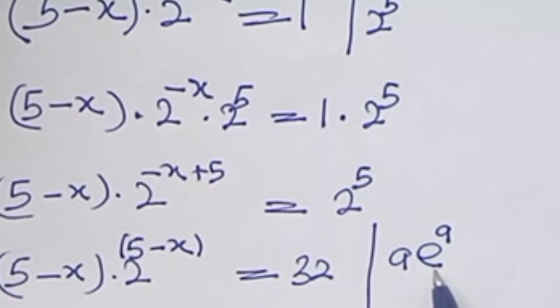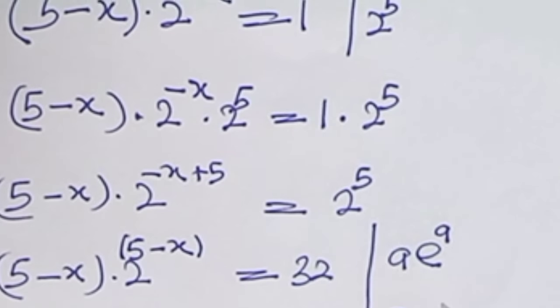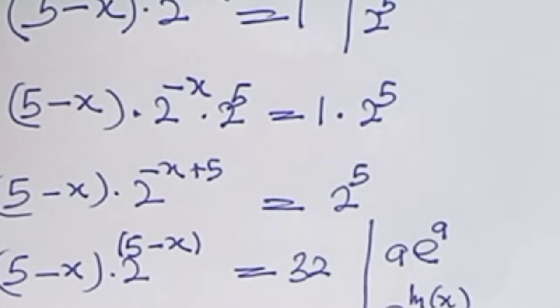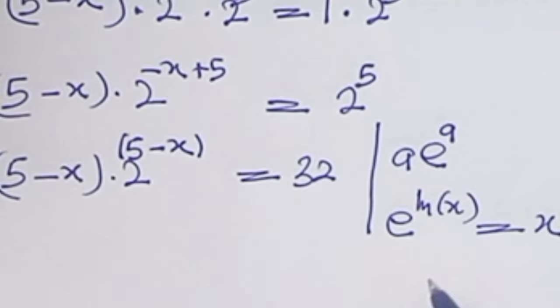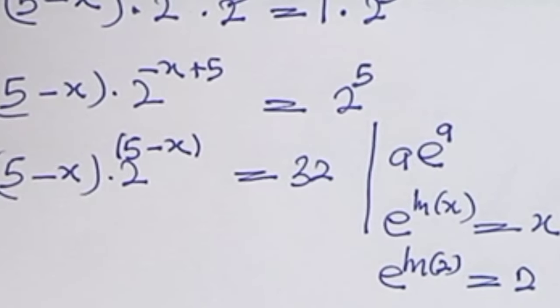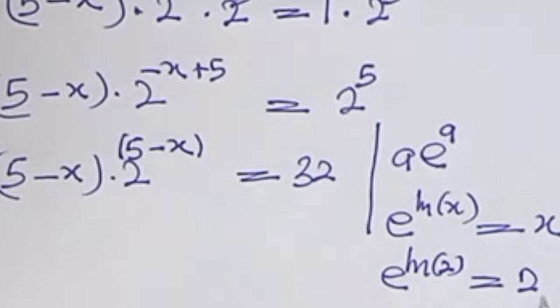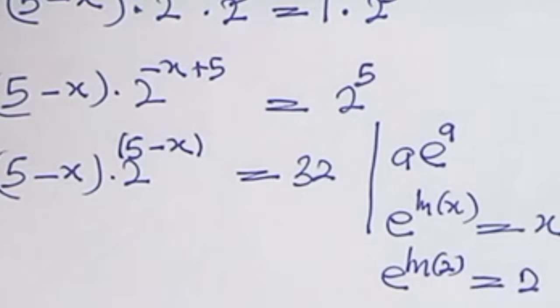But 2 is not exponential, but by principle, exponential ln of x is the same as x. So the same way, exponential ln of 2 ends up become 2. So in the place of 2, we're going to replace with e to the ln 2.